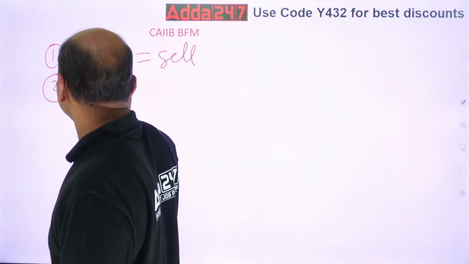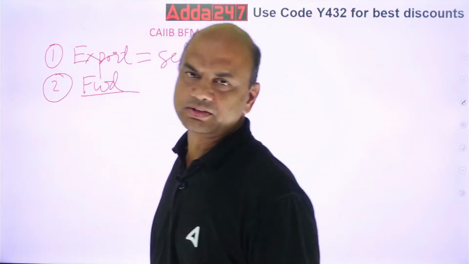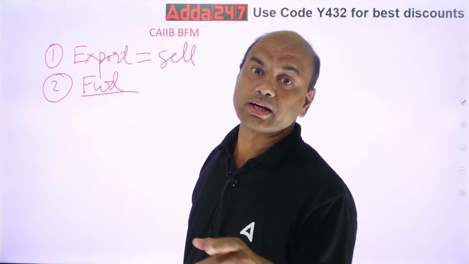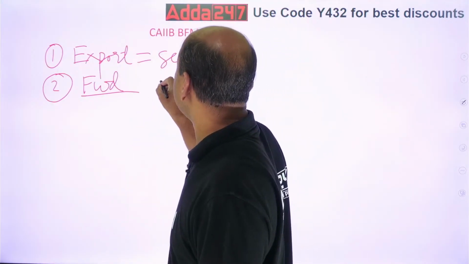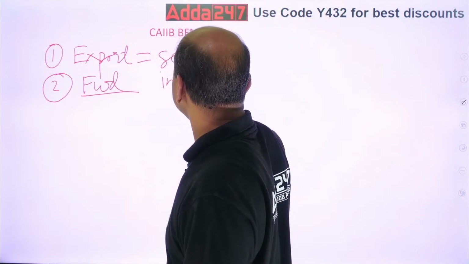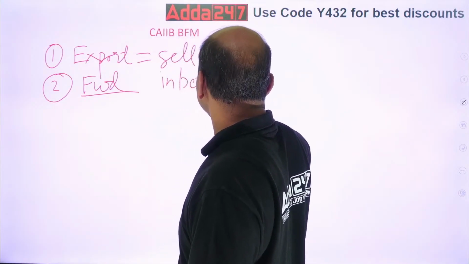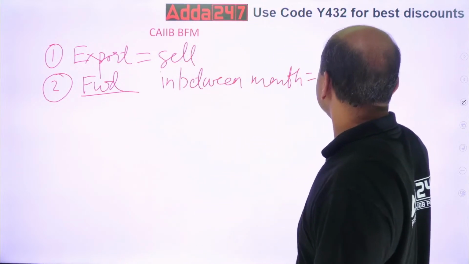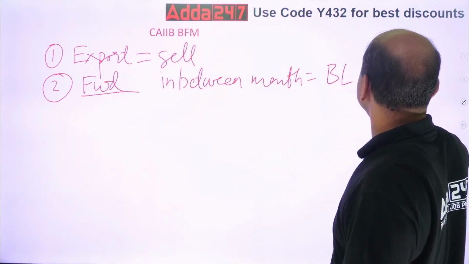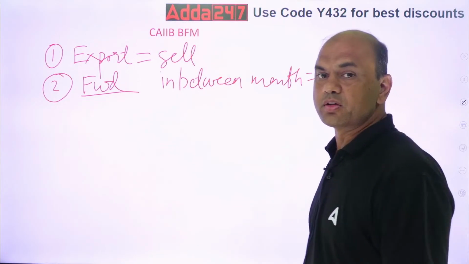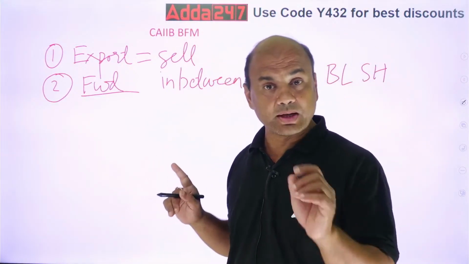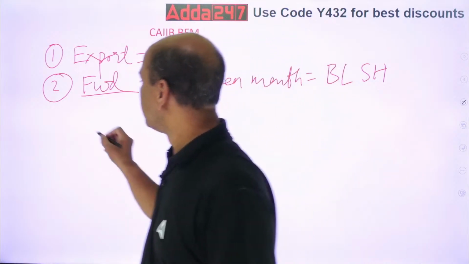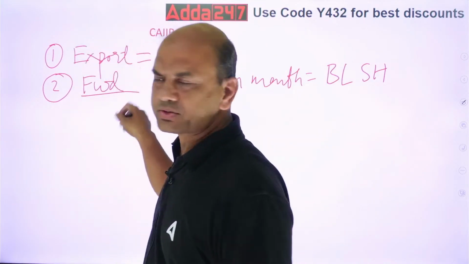For forward points, you should use buy low, sell high when you don't know the rates in between months. BLSH: buy low, sell high. If it is on the first date or the last date, no buy low, sell high. Clear?